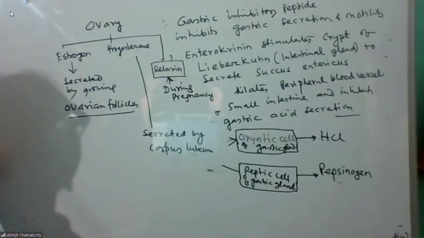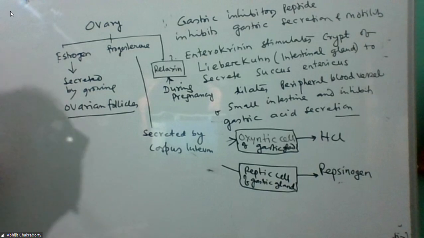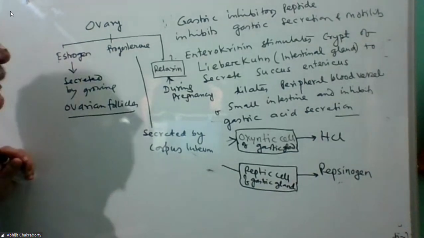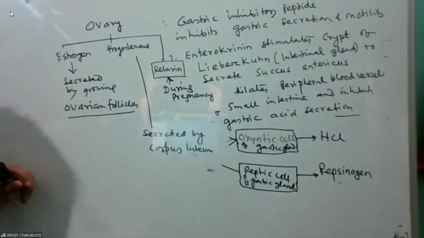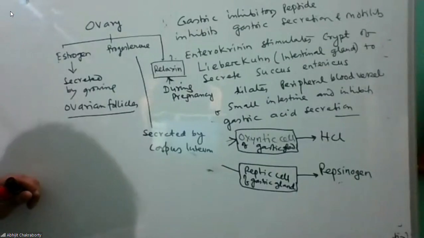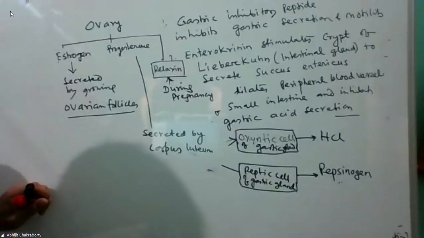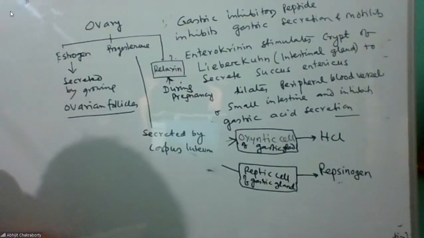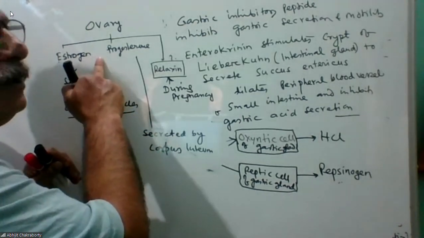Now, this is all about the basic hormones, and you know the function. Role of estrogen is to help in the development of secondary sexual organs in females and development of the ovarian follicles. It plays a role in the development of the mammary gland, and female sexual behavior is controlled by estrogen. It's the most important hormone.